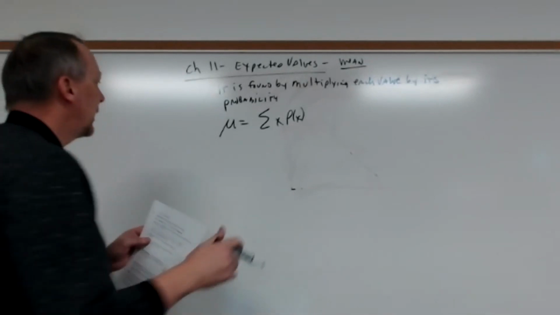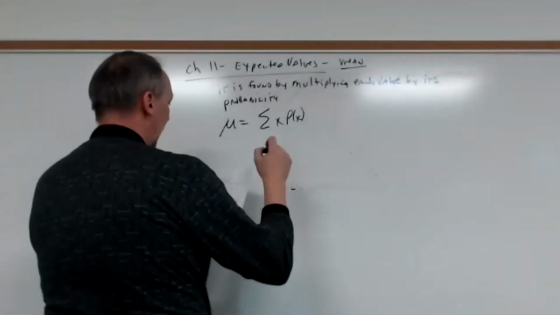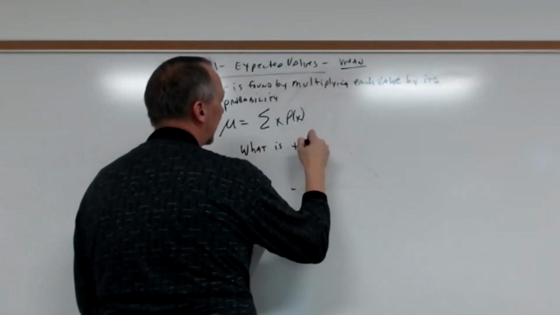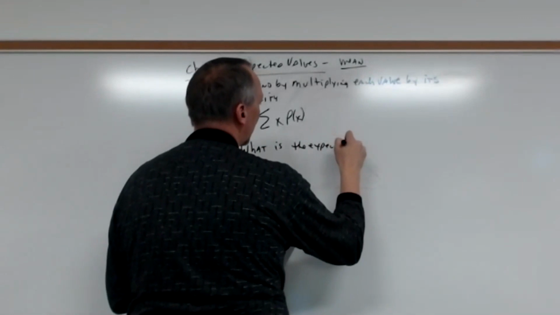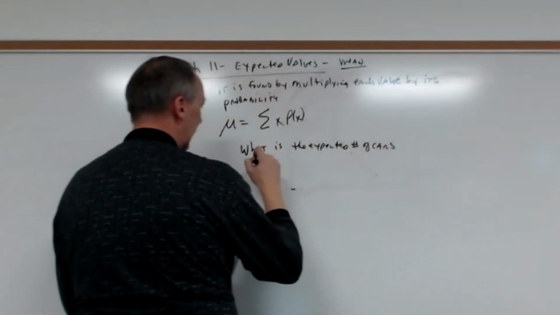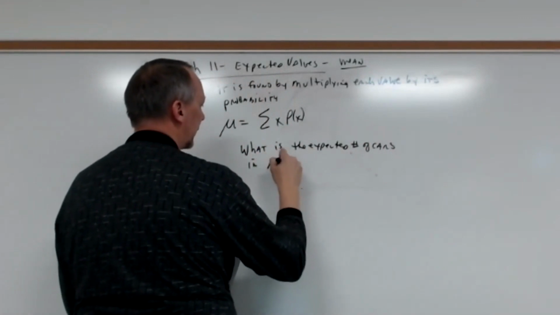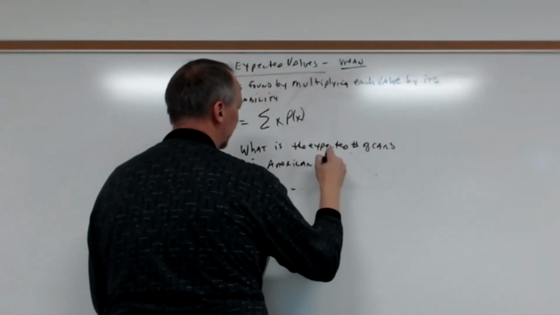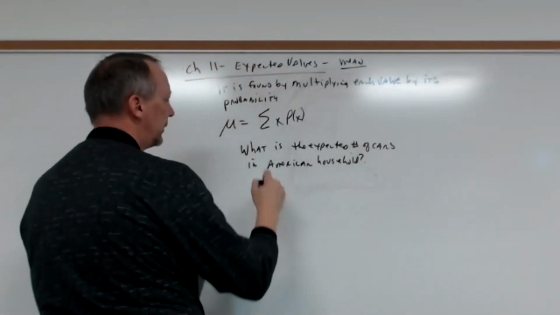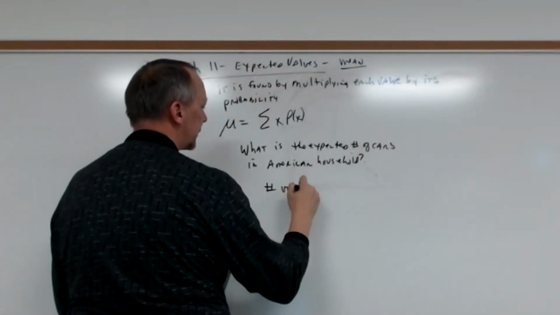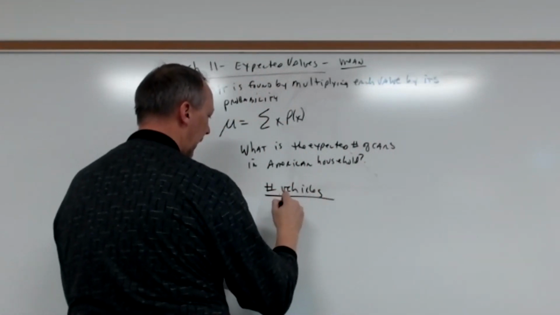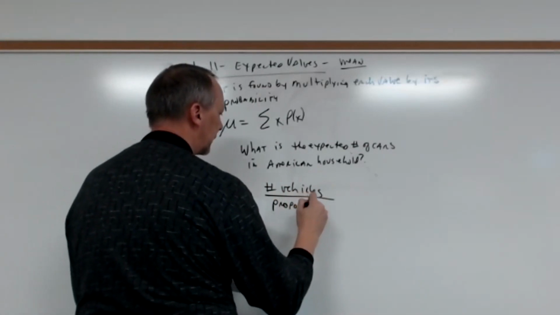So let's say, for example, what is the expected number of cars in an American household? Let's say that we get the number of vehicles and the proportion from the Census Bureau.